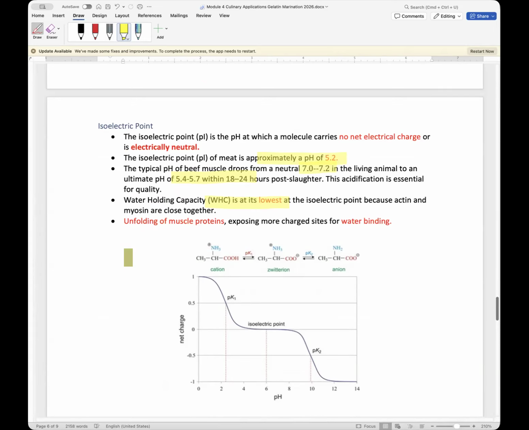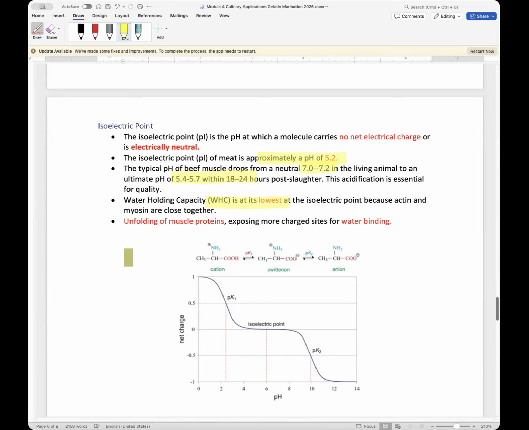The isoelectric point is where the protein has no electrical charge. In other words, the pluses and minuses are exactly the same. And if the pluses and minuses are exactly the same, then you have the lowest amount of water holding capacity.